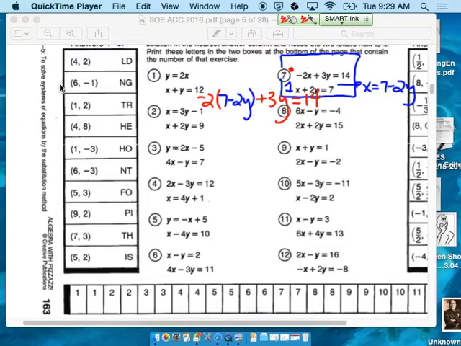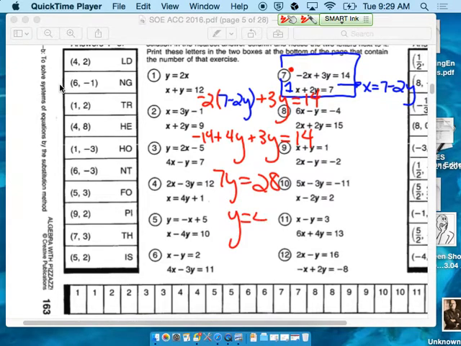And now I'm going to solve this equation for a y value. So that gives me -14 plus 4y plus 3y equaling +14. So that means I have 7y equaling 28. Therefore, y is 4. And then to find the x partner, I go back to either original equation, and I'll just go with x plus 2y equals 7.